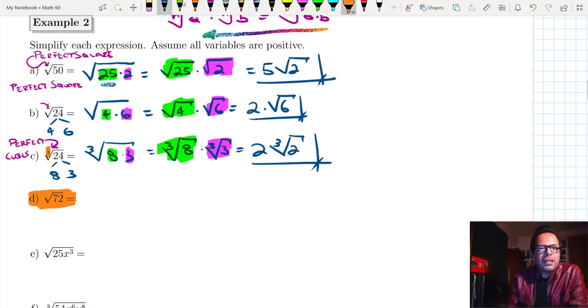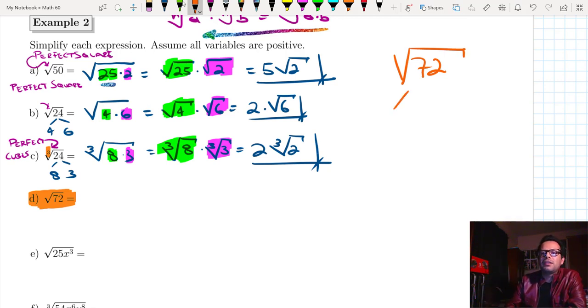Why do I like this example? Because, well, the square root of 72. I'm going to do it on this side, using a different color so I can make a distinction. This is a very curious exercise because students give me this as a final answer: 9 times 8.